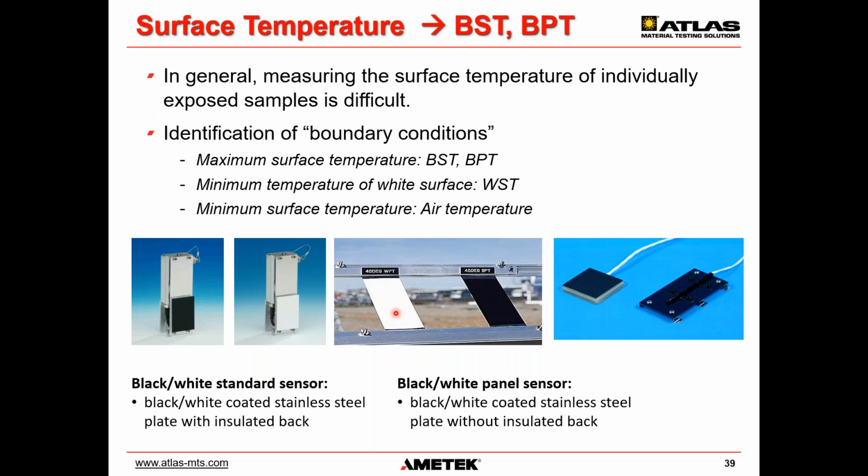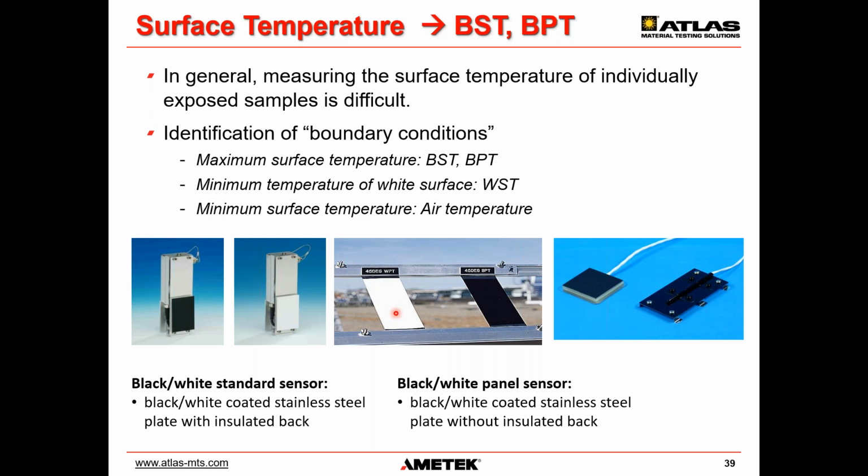In general, it's relatively complicated to measure the surface temperatures of individual exposed samples. That's why in weathering, we use reference temperatures. And of course, we want to have somehow the worst case reference temperatures. That's why we use black painted metal sheets, black painted metal panels as reference temperatures.